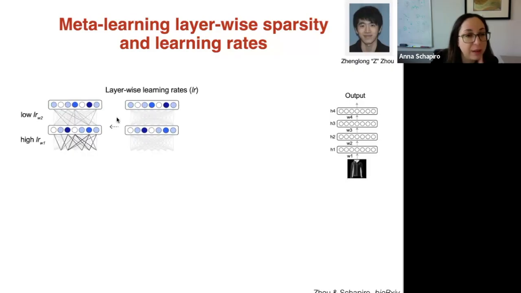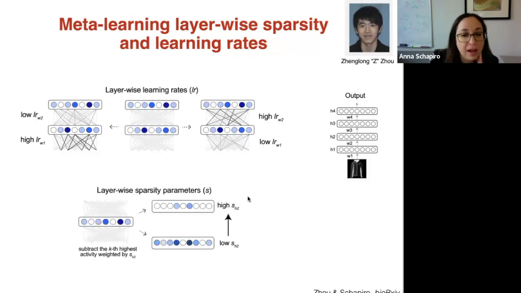So the model is going to be allowed to choose to make the connections coming into this bottom layer more plastic and the connections above less plastic, or vice versa. And then we're also going to allow it to learn layer-wise sparsity.